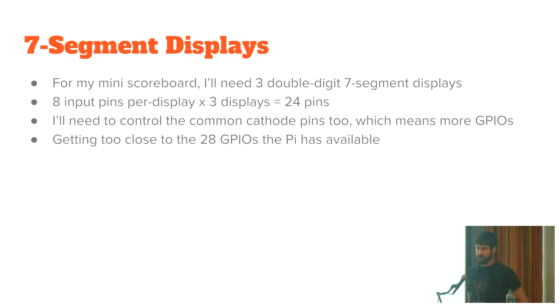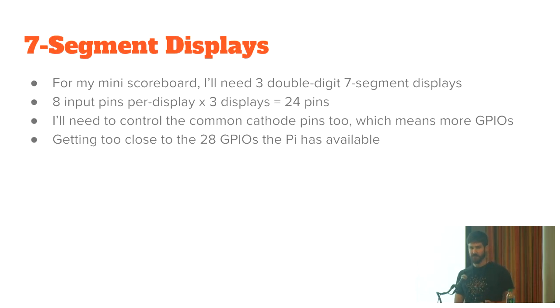So for the scoreboard, I need multiple 7-segment displays, even for the mini version that I want to build eventually. This is the earliest prototype, just a little tiny thing, and there will be pictures of it later too, so those of you in the back can see better. I was thinking about how this project is going to work with the Raspberry Pi.